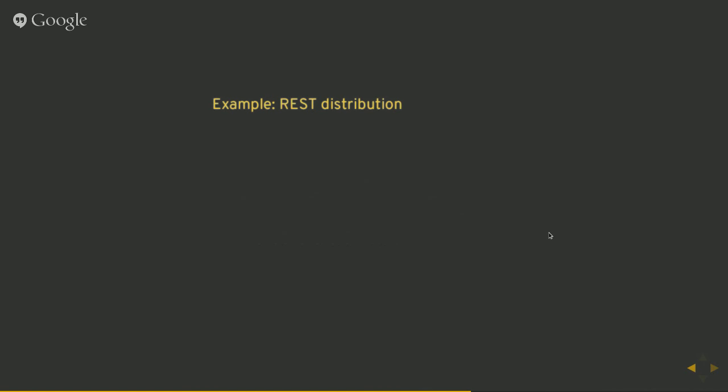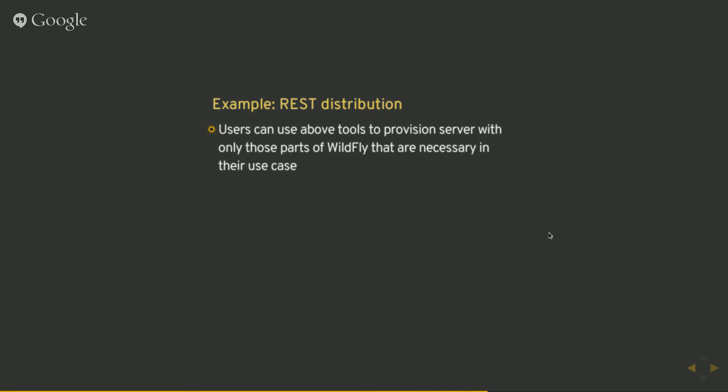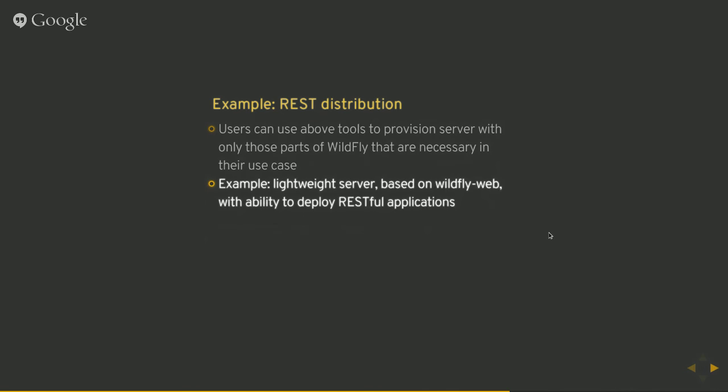Now I would like to show it on an example. Let's suppose that you want to create an application that uses REST API, but you don't need any other APIs provided by the server. And what's more, you want a lightweight server so that it uses little memory and little disk space, for example to deploy it on the cloud.